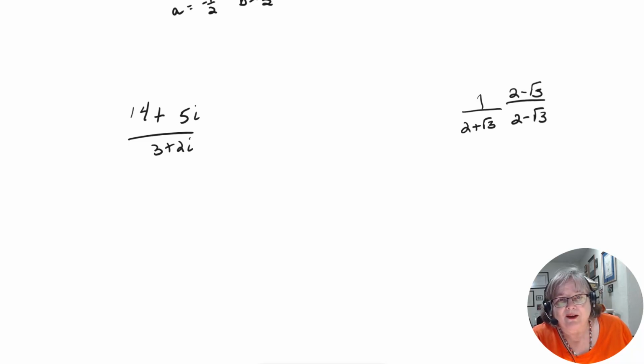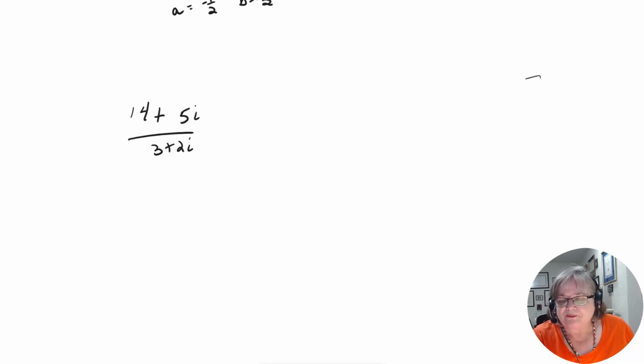And you would have a nice round rational number in the bottom. That's why they called it rationalizing the denominator. And then you would have an irrational number in the top, but that's okay. They just didn't want them in the denominator. Then when you get to calculus class, they go, we don't care. Leave it down there. All right, we're just fine. But up until calculus, they don't like that.